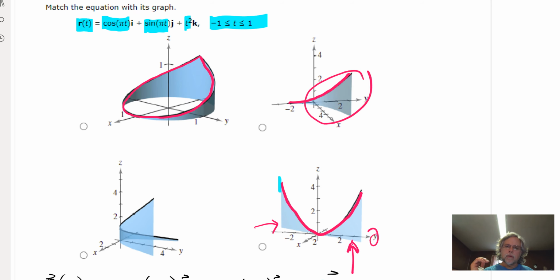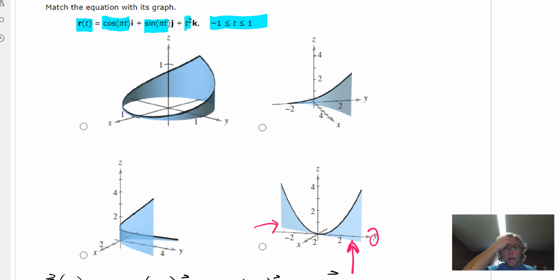That's the type of reason why they're presenting these graphs to us like this, so we can visualize what's going on in 3D. But the actual graph is the path. That's the type of graph that we're drawing now. We're not doing surfaces in this particular section. We're doing the trace-it-out type of path graphs, a particle in motion.